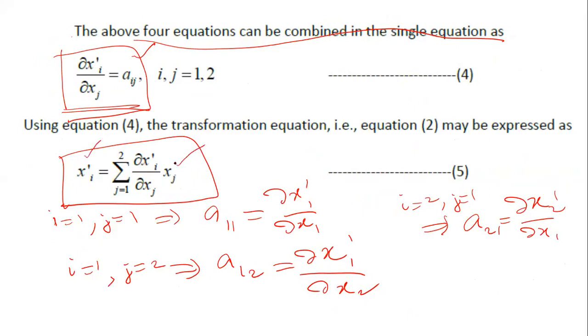They have this transformation relation, and the coefficient of the transformation relation is del xi prime upon del xj. Okay, so this is what we should remember for now.